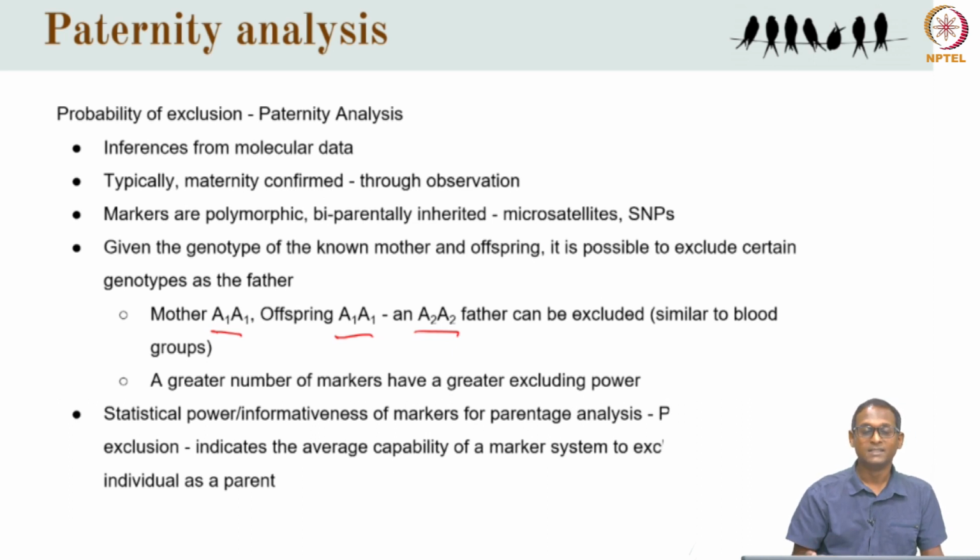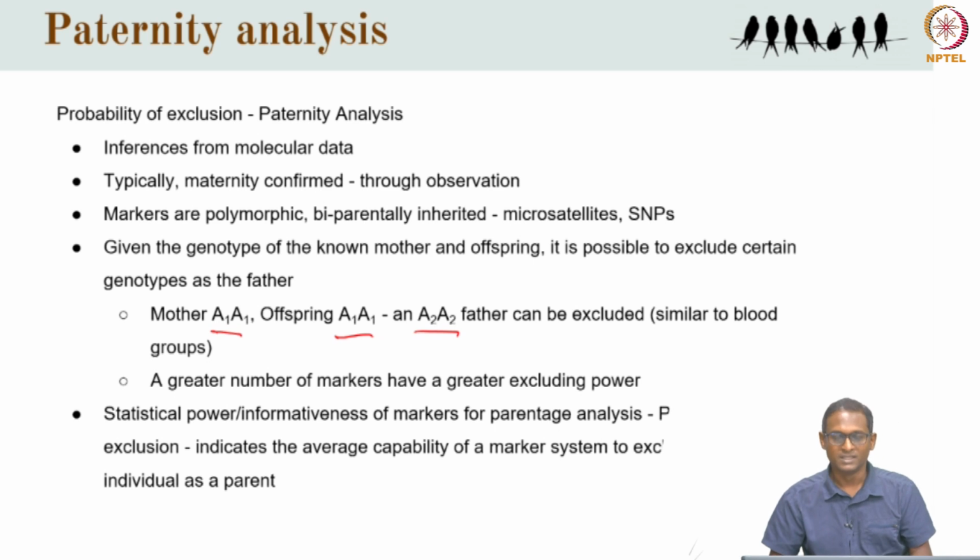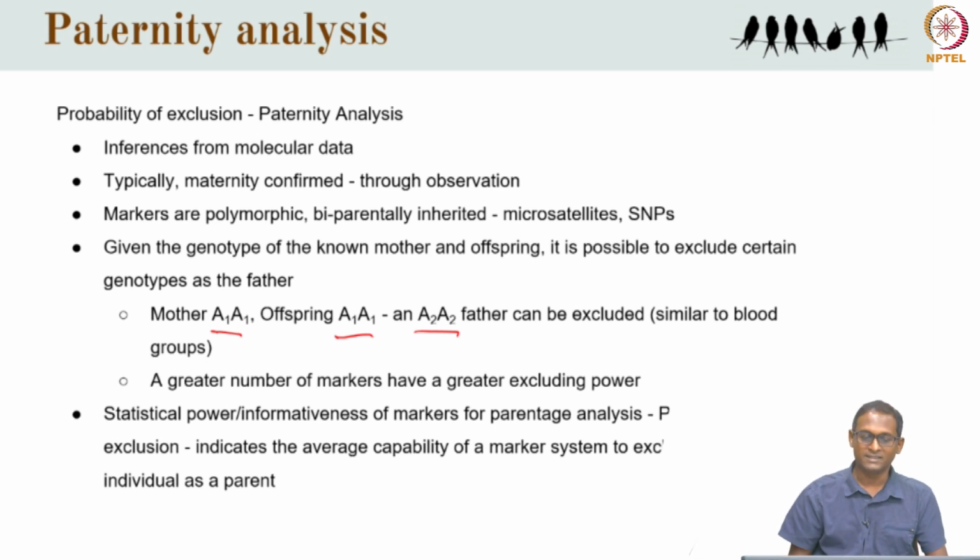What you need is a large number of markers, because then you have a greater power to exclude different individuals. That statistical power comes from how informative these markers are in excluding different individuals as a parent.